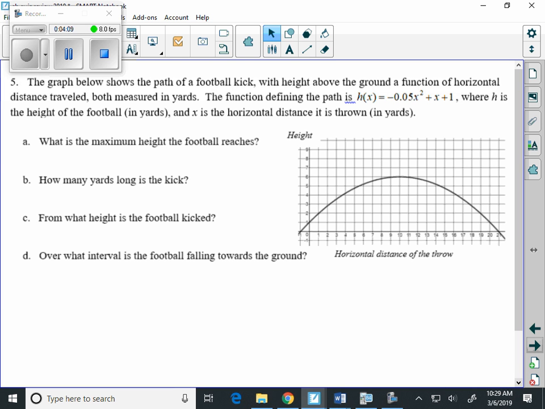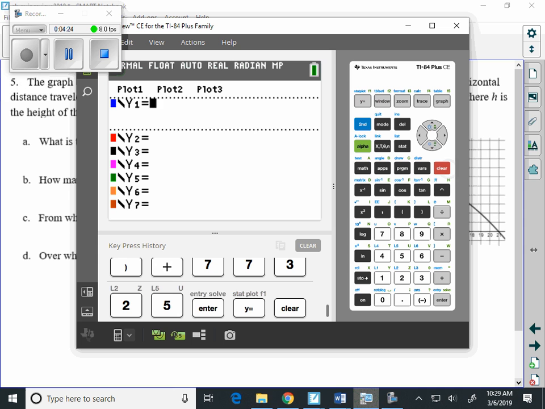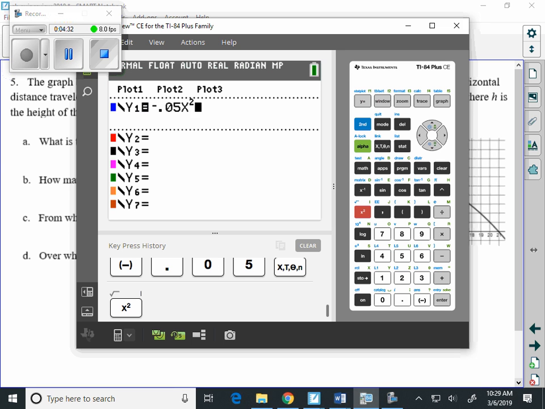It says what is the maximum height the football reaches. And that's the one part where you maybe can or can't see. So if we type the equation in, back here at the y equals, it's the negative 0.05 x squared plus x plus 1.